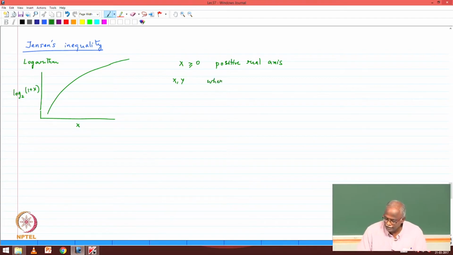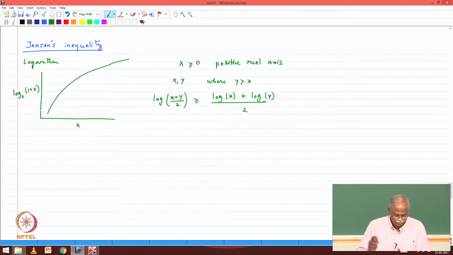Without loss of generality we assume y is greater than x. We can make the following statement about the logarithm function: log of (x plus y) divided by 2 is greater than or equal to (log x plus log y) divided by 2.